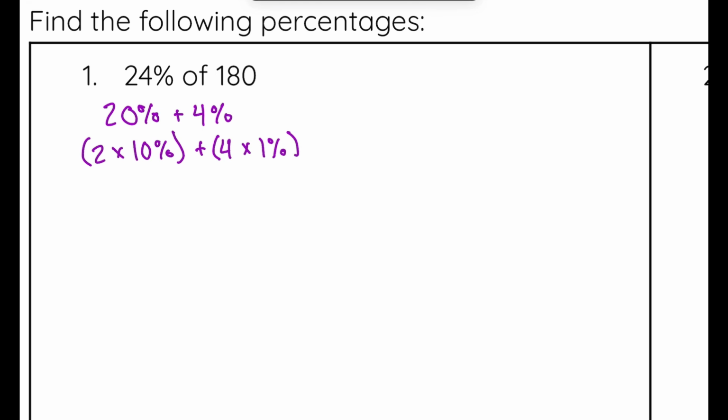Next thing we want to do is calculate 10% and 1% of 180. So off to the side, 10% of 180. We know the shortcut for this is moving the decimal one place to the left, so that's going to equal 18. 1% of 180, the shortcut here is moving the decimal two places to the left, so that's going to become 1.8.